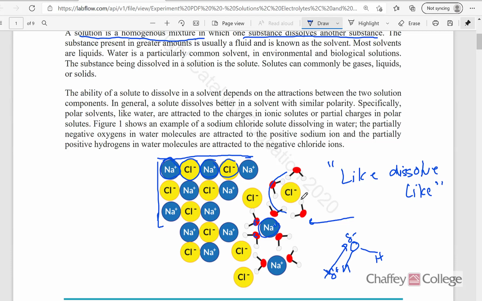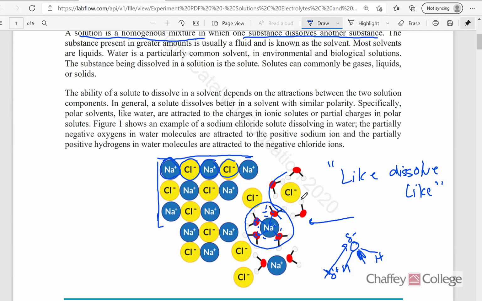Because of the negative character of oxygen, the positive sodium ions attract the oxygen ends of the water molecules. This is known as a solvation sphere, and because of this, the sodium ion feels stable, and due to this stabilization effect, the ionic crystal breaks down and it dissolves.